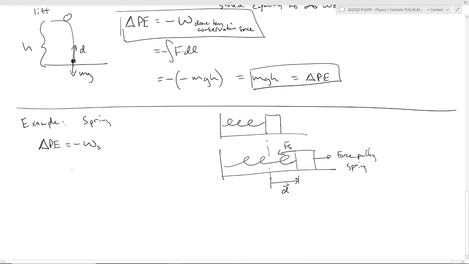This becomes negative integral from, let's call this position our initial position equaling 0, and then this final position, we'll just call x final.